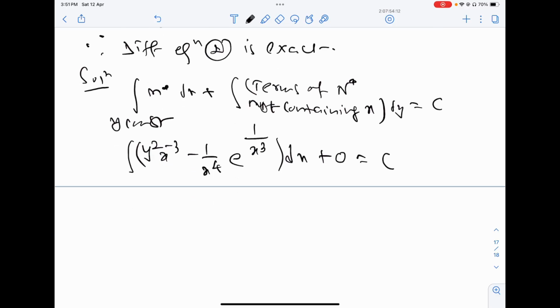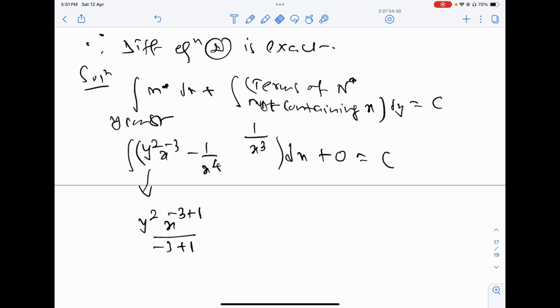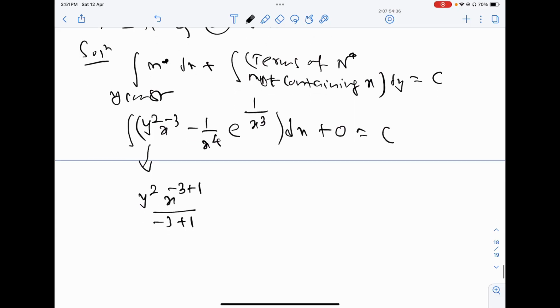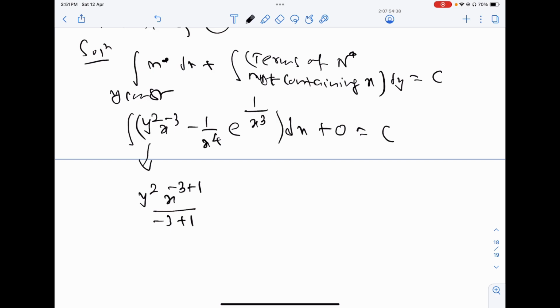Now the integration of x power minus 3 is nothing but x power minus 2 over minus 2, and this one, 1 over x power 4 e to the power 1 upon x cube. So this integration you can have like this.